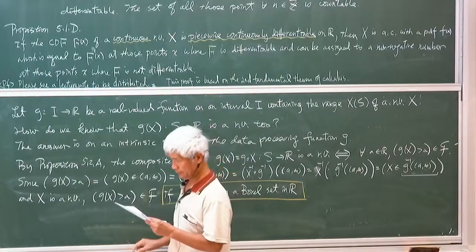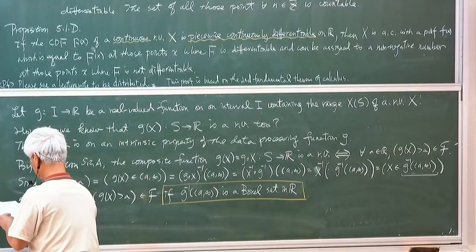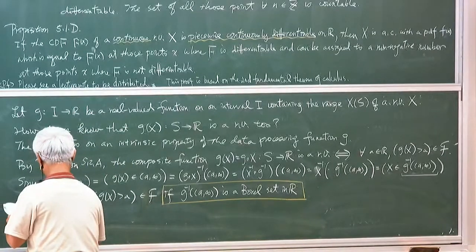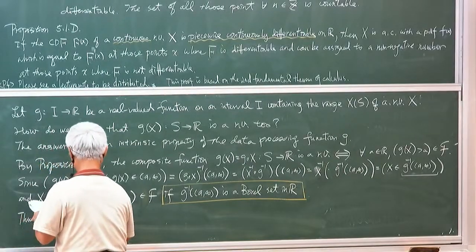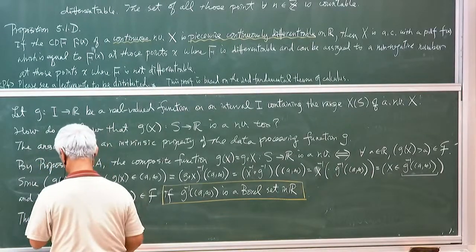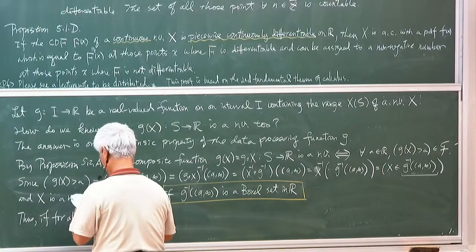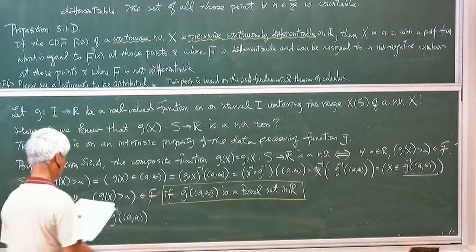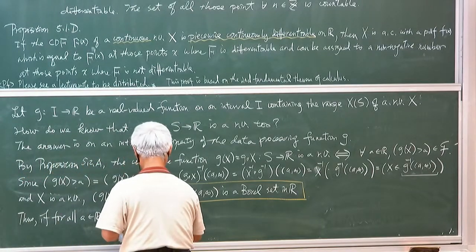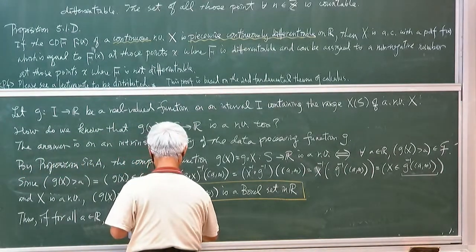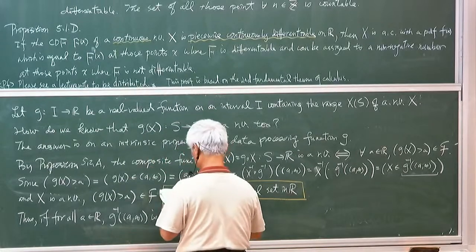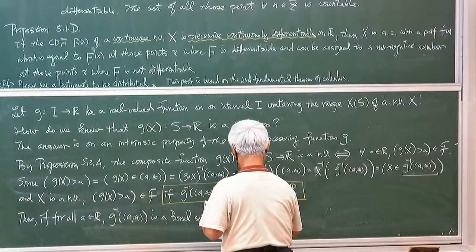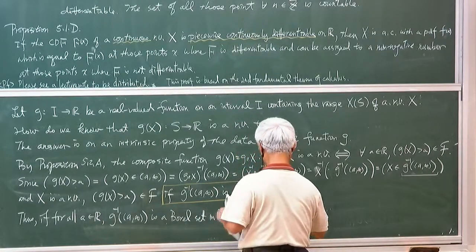Thus, if for all a in R, the inverse mapping of g of a to infinity is a Borel set in R, then g of X is a random variable.